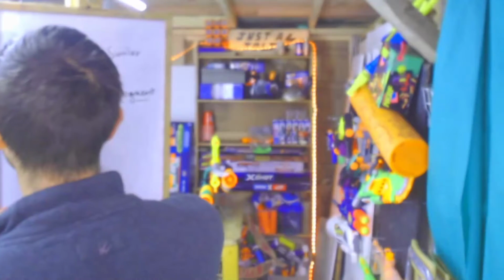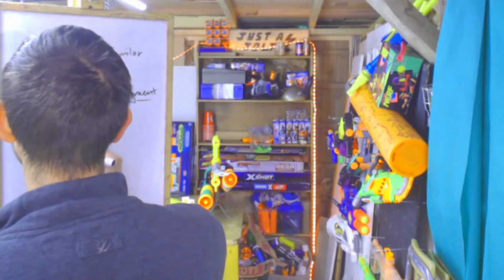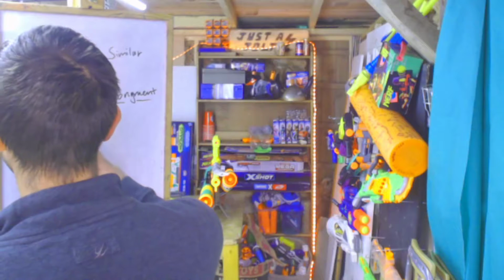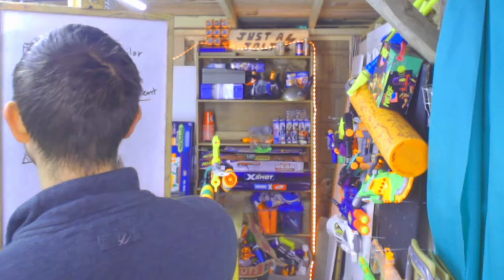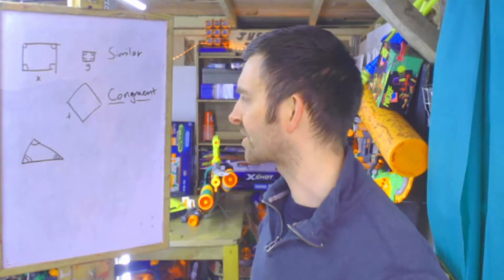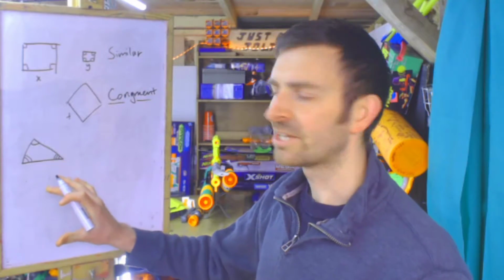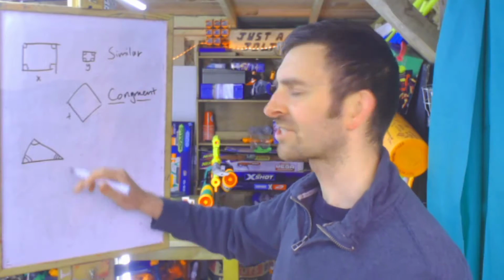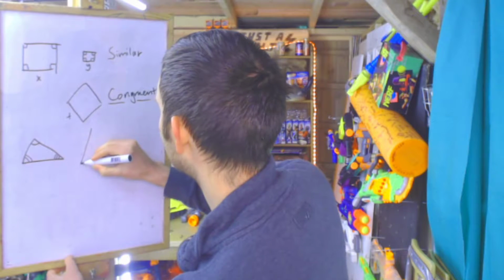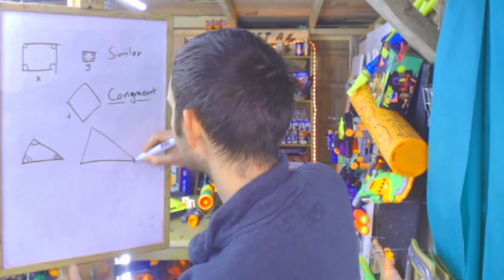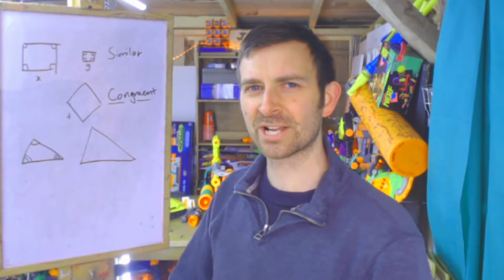Now, squares seem pretty simple, so let's deal with something else, shall we? Let's have a triangle instead. So here we have a scalene triangle. If I were to draw a similar scalene triangle to this, then it wouldn't matter if the sides were a little bit larger, as long as all of the angles in the triangle were the same.